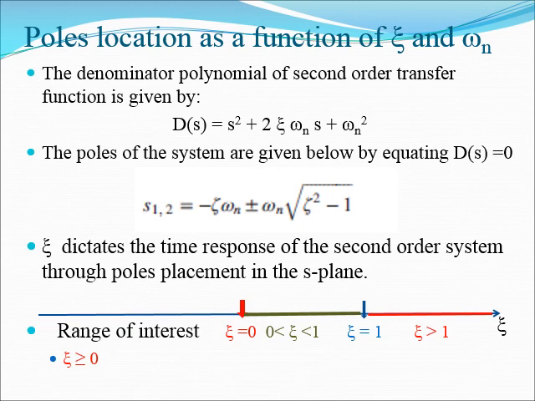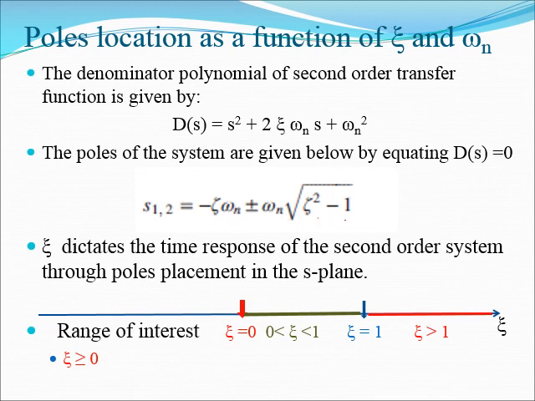So now we want to find the poles of the system in terms of the two parameters zeta and omega n. How do you find them? We just say D(s) is equal to 0. We solve for the roots of the equation, and the two poles are minus zeta omega n plus or minus omega n square root of zeta square minus 1. Now zeta is a damping ratio, so we don't talk about negative values.